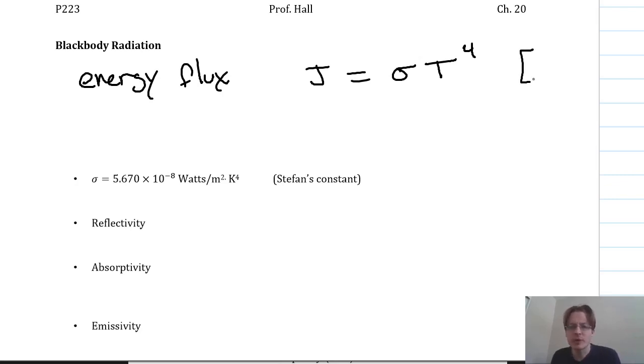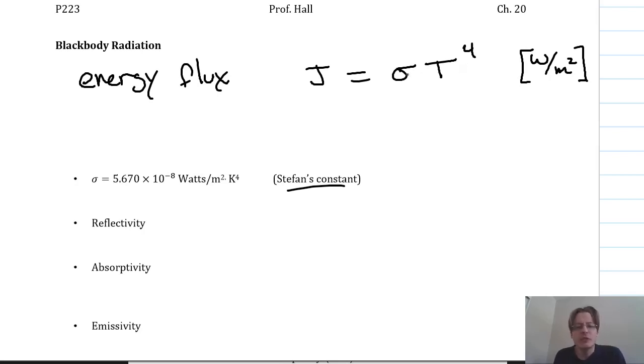The units of it are joules per second per meter squared, in other words, watts per meter squared. It's the intensity of radiation coming off of the glowing object when it's at a certain temperature. The value of sigma is called Stefan's constant, and you can look up its value. It's a universal thing.